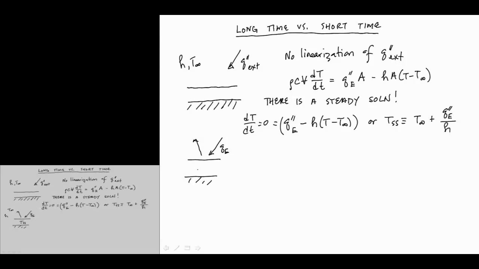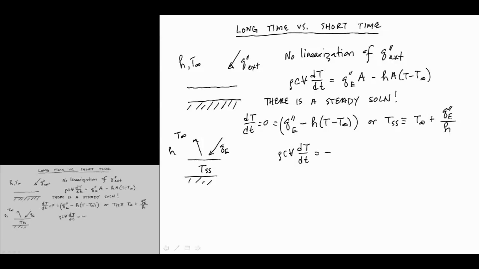Based upon that, we can pose this problem as one in which we say, this is rho C V dT/dt, let's just play it out simply, is equal to minus H, let's do this right. What I'm going to do is substitute T steady state into this problem.